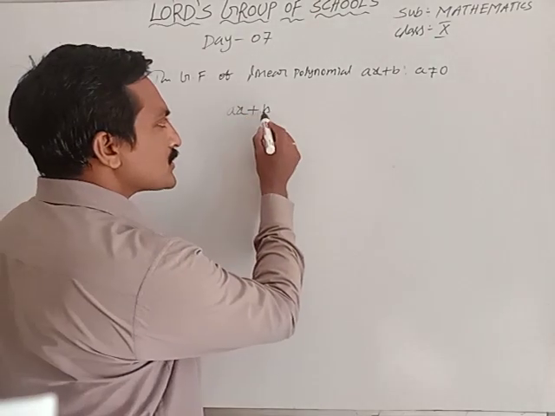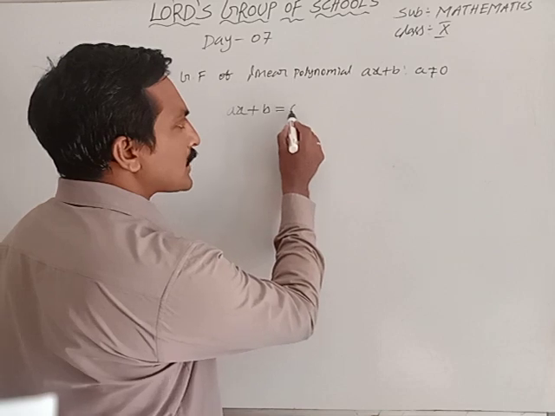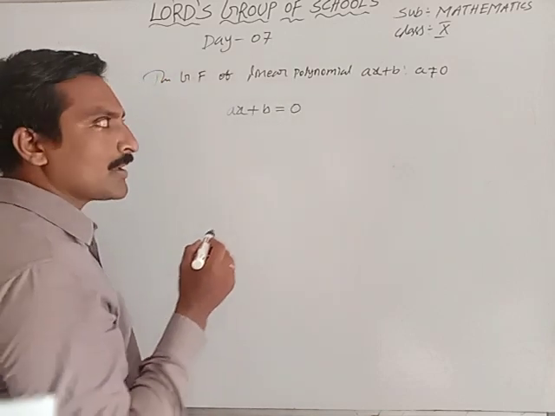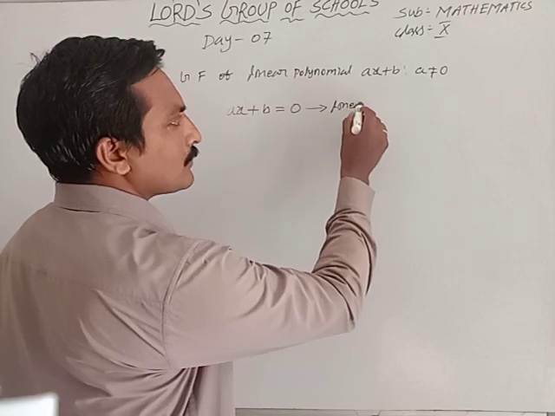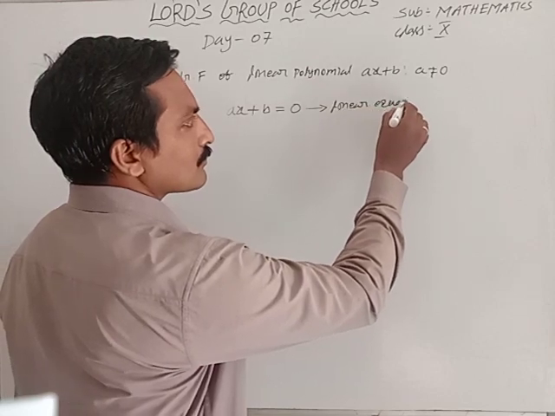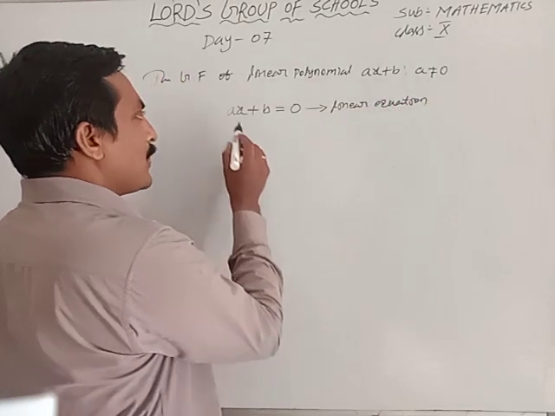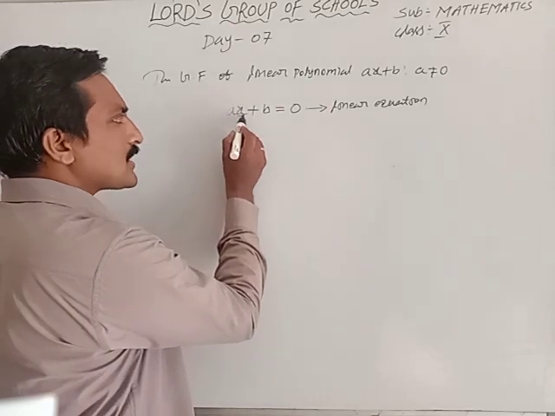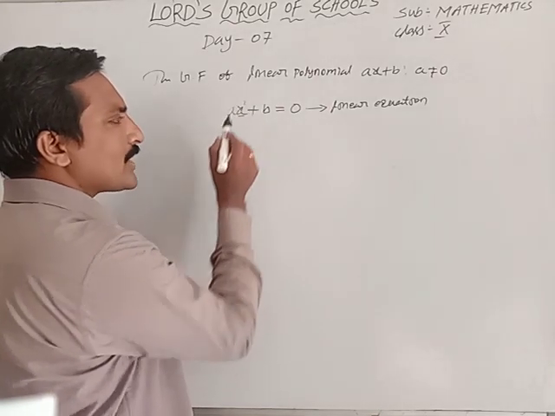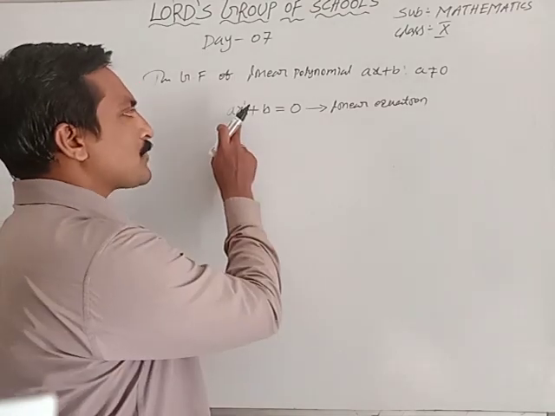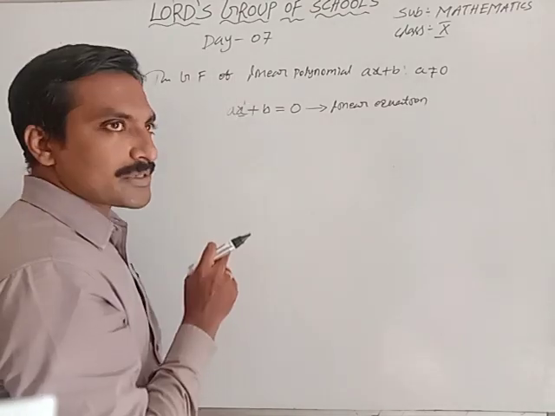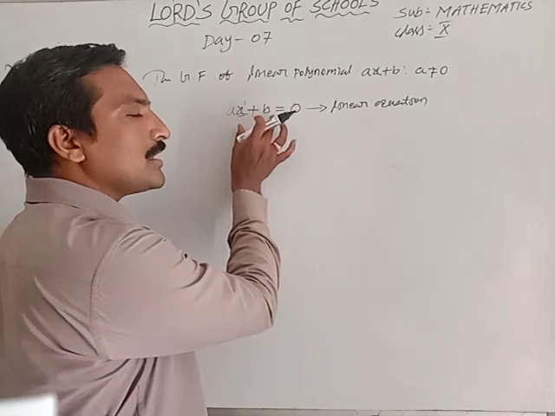When you use the equal symbol and write ax plus b is equal to 0, this is called a linear equation. Here the variable is x, and the degree, the highest power, is 1. That's why this is linear.